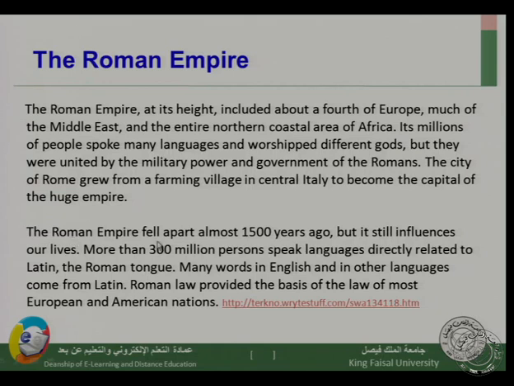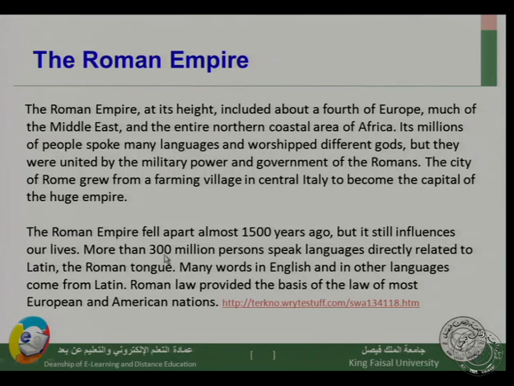The Roman Empire fell apart almost 1500 years ago, but this is a major point, it still influences our lives. So the Roman Empire still influences our lives.